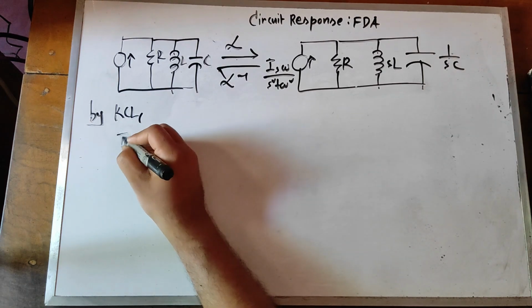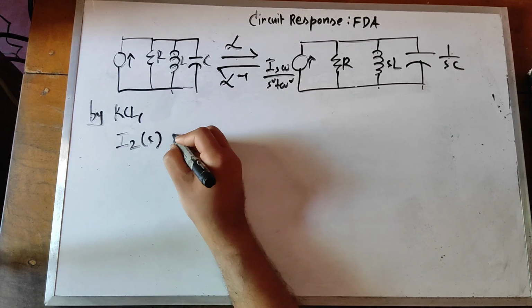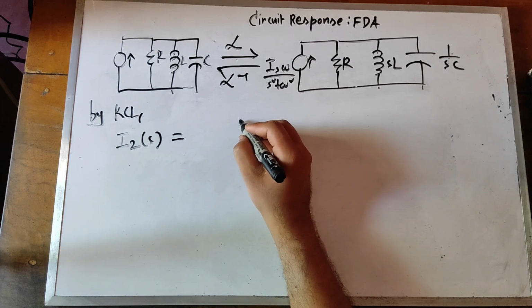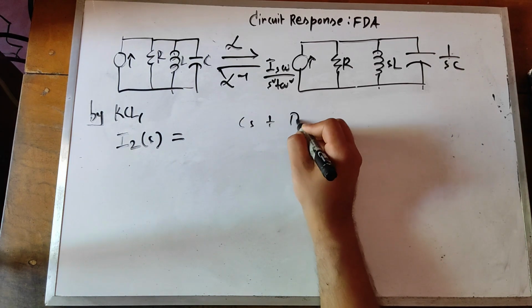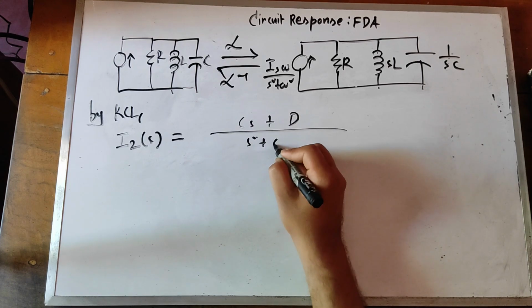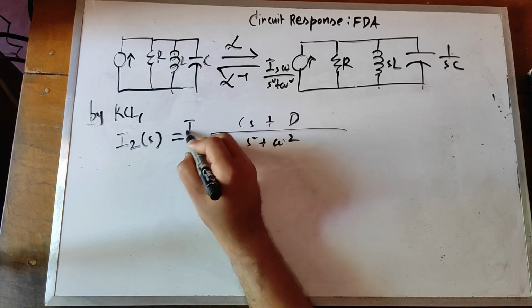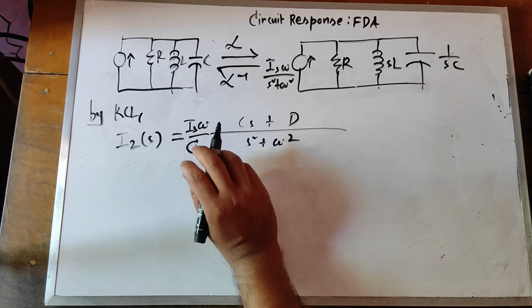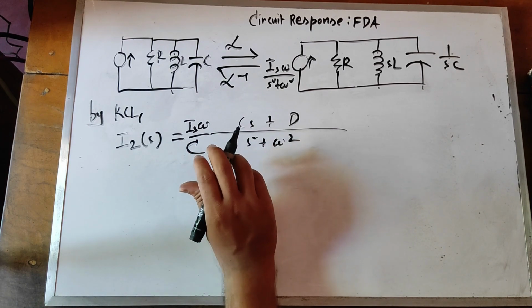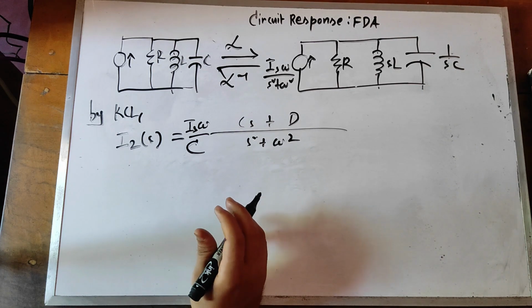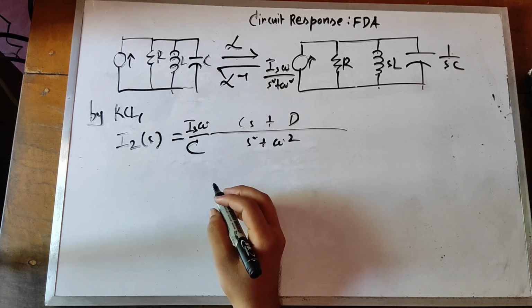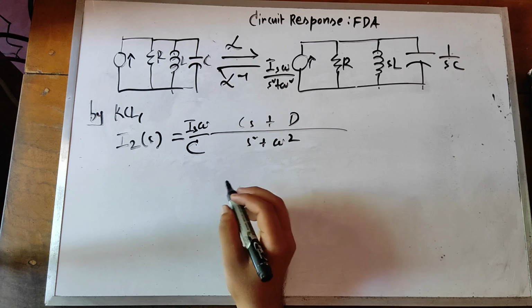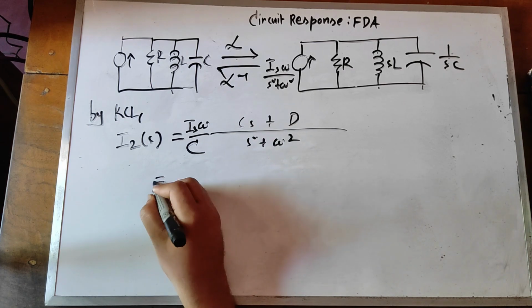So I'm just going to occupy myself with only Cs plus D by s square plus omega square, where the coefficient is omega by C. So the expressions for C and D are the same here also. So let me write it.